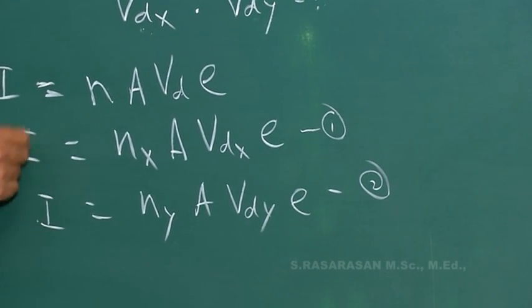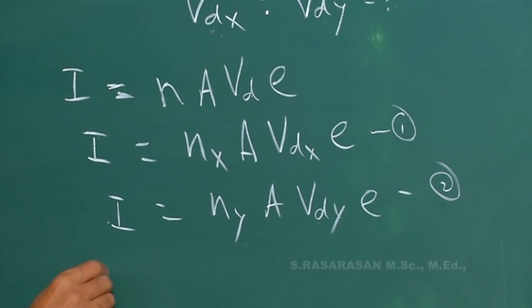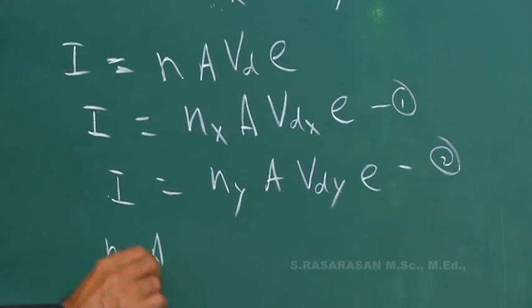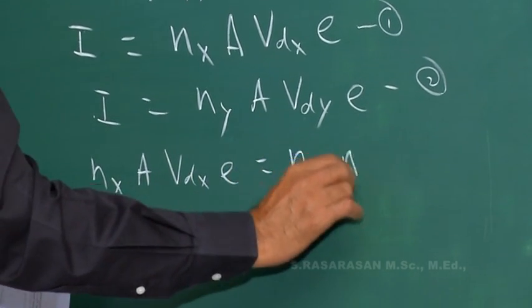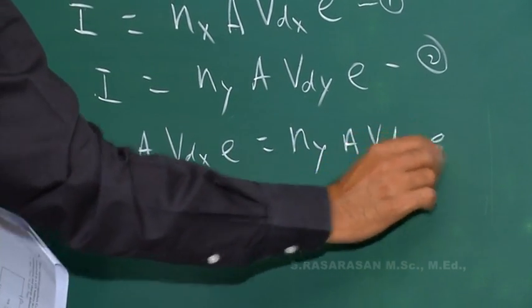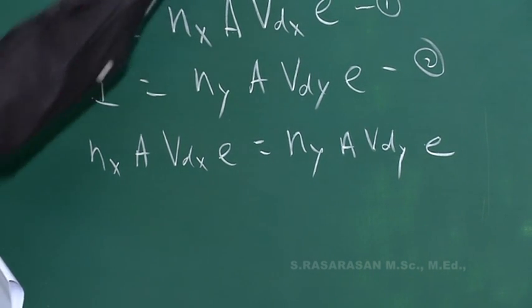So since the current is same in both wires, we can equate the two equations. Nx A Vdx e is equal to Ny A Vdy e. Instead of Nx, we can substitute 2n.